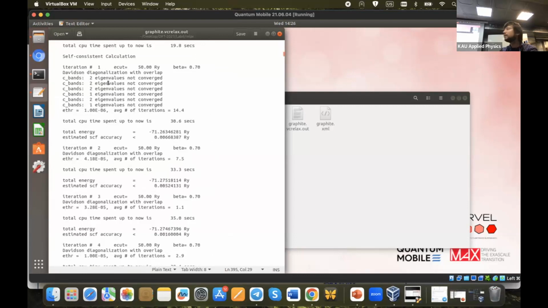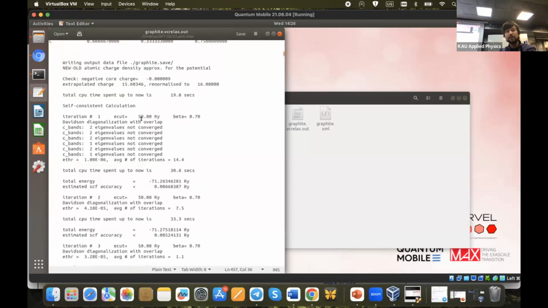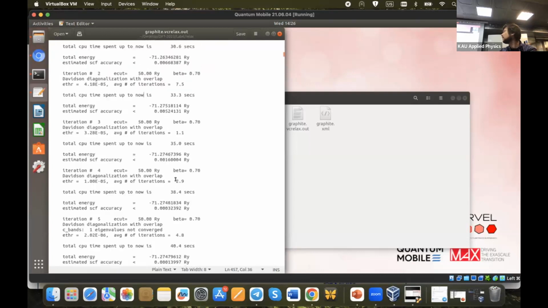Yes, Mikhail, maybe you mean this thing: C bands, eigenvalue not converged. We changed the parameters of the cell, and then we begin a brand new SCF cycle with these parameters.